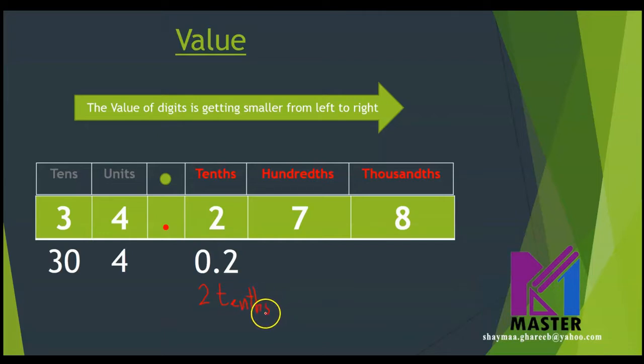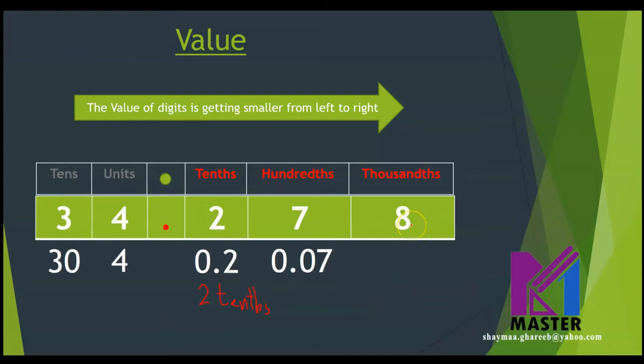So its value is 0.07. The 7 is in the hundredths place, which is the second place in the decimal part. Okay? We can also write its value as 7 hundredths. Same as the 2 tenths here.